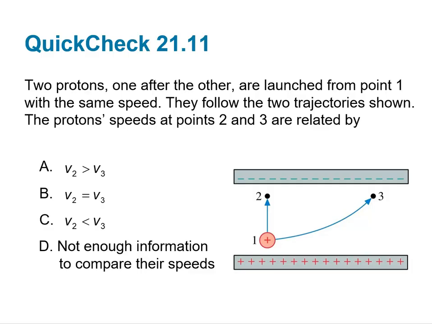Whether you walked up a hill or took a ski lift up a hill, once you got to the same point, your change in potential energy was the same. So likewise, their change in kinetic energy is going to be the same. They're both going to lose the same amount of potential energy and gain the same amount of kinetic energy. So their velocities will be the same at both of these points. So the answer is B. V2 equals V3.